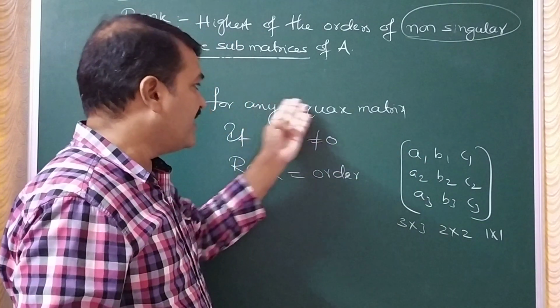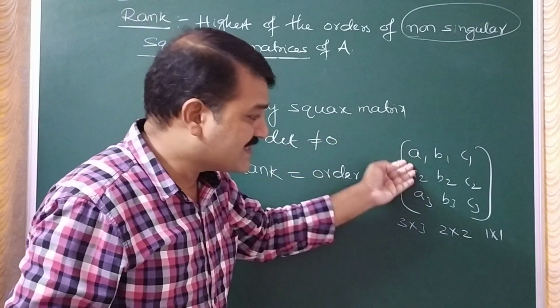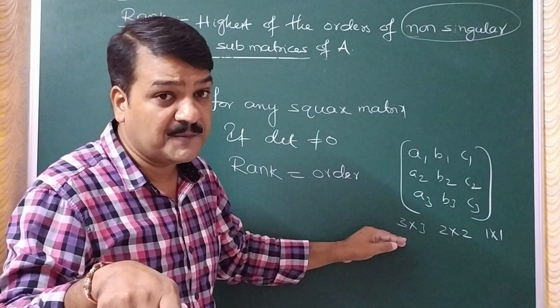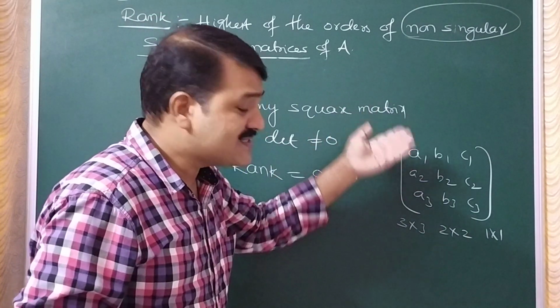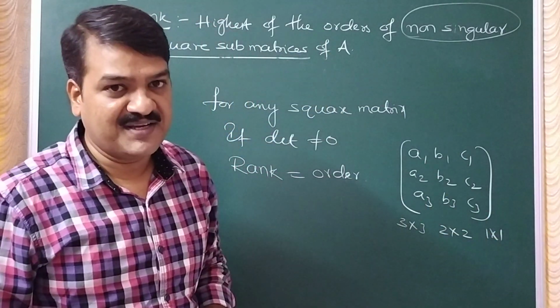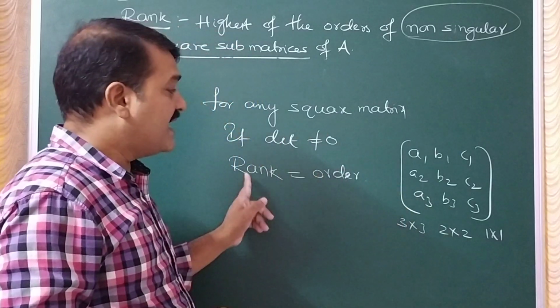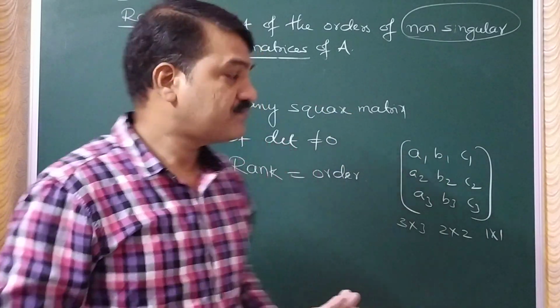Therefore, for any square matrix, if determinant is not equal to 0, the matrix itself will be a submatrix. So the matrix itself is the highest order square submatrix. Therefore, rank is nothing but the order of the given matrix only.